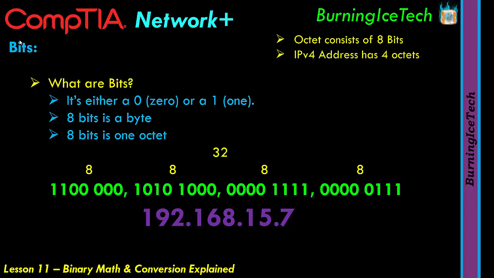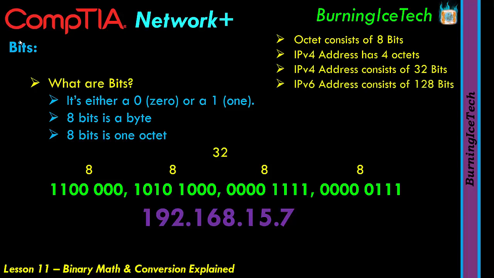You need to know how many bits are in an IP version 4 address, and obviously also in an IP version 6 address. So for IP version 4, that will be 32 bits, and for IP version 6, that will be 128 bits. Memorize those numbers, know them, live them, breathe them. You need to know those off by heart for this exam. Otherwise, they might catch you with your pants down. Not something we want to encounter, right?